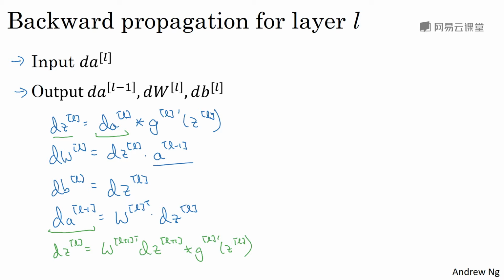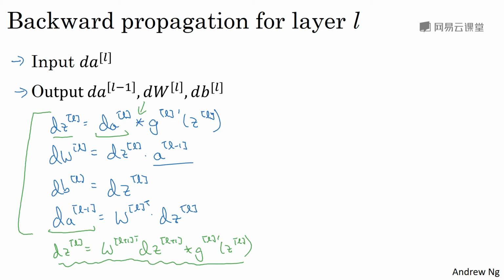I know this looks like a lot of algebra. You could actually double check for yourself that this is the equation we had written down for backpropagation last week when we were doing a neural network with just a single hidden layer. And as a reminder, this times is element-wise product, but all you need is those four equations to implement your backward function.